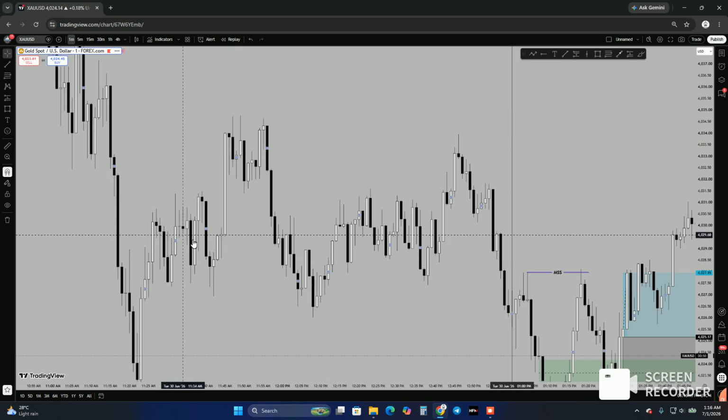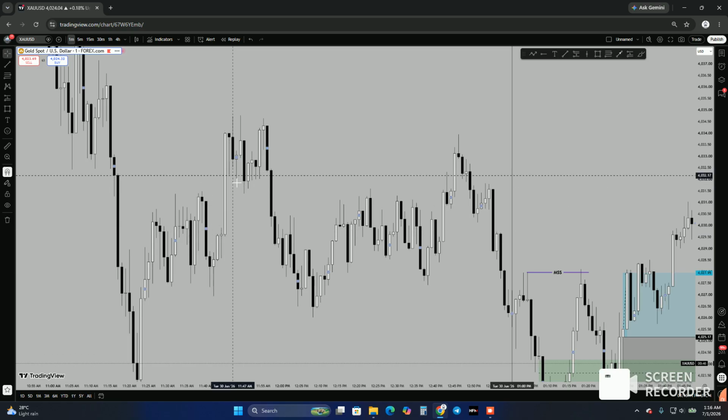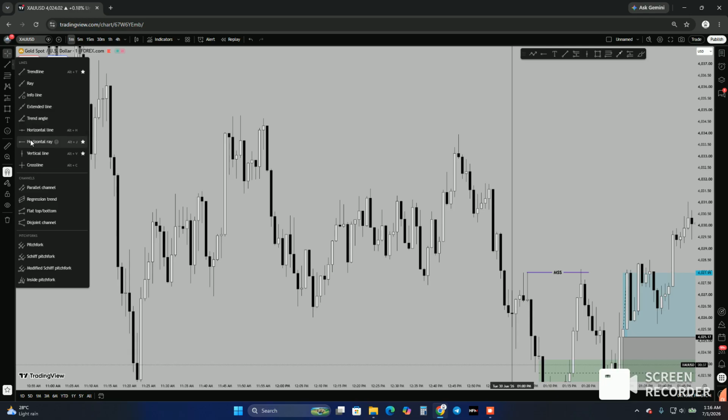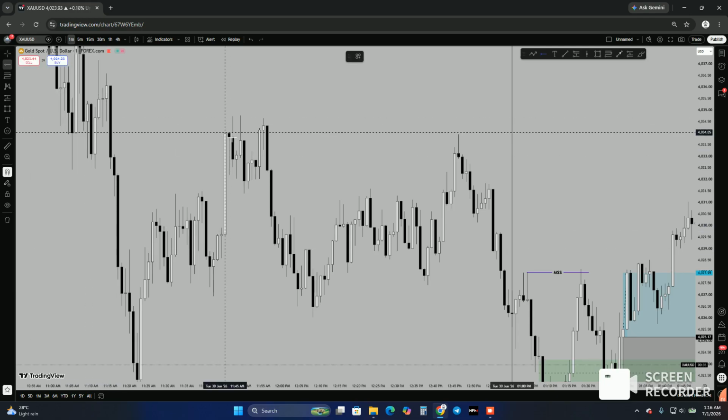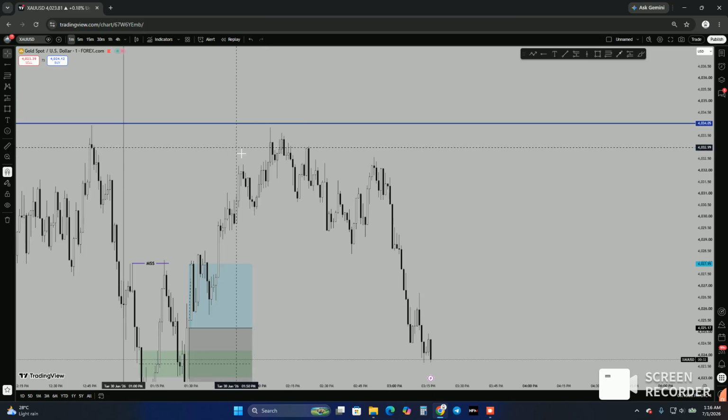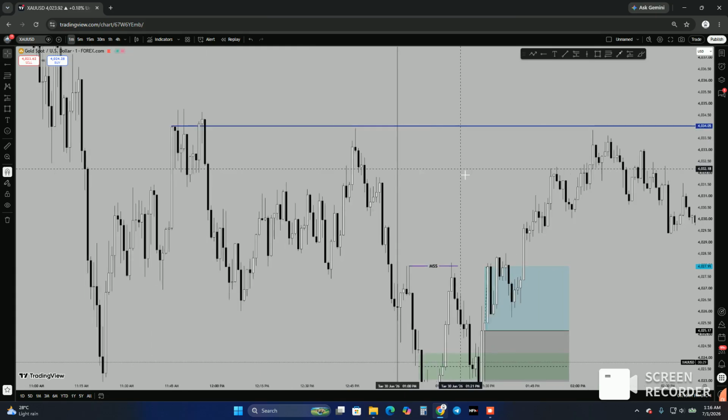Where the 1130 open, first gap and second gap. Okay, so this high maybe could be a resistance. You can see the resistance. Okay, so where should the TP be here? I'd like to show you the TP.